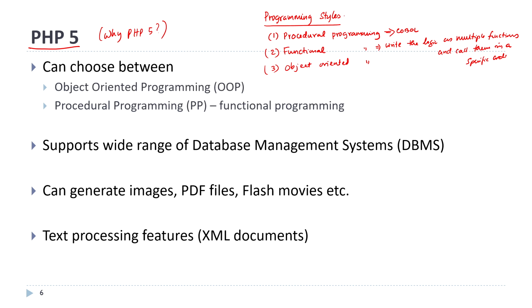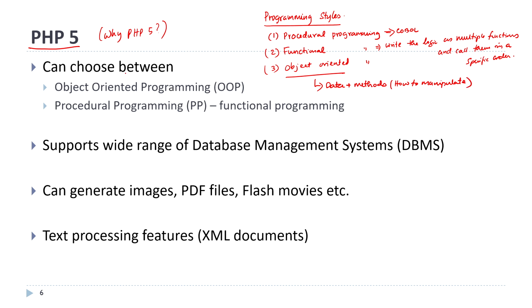So, that is the functional programming. Object oriented programming is data plus methods combined. Both the data and the methods, meaning how to manipulate it, are part of object oriented programming.